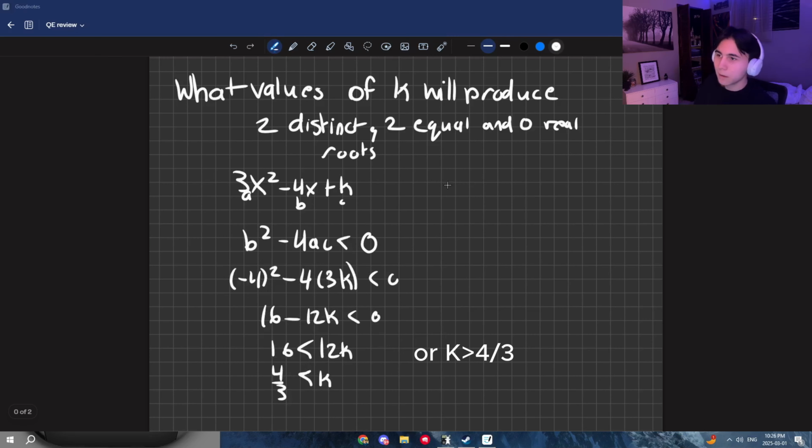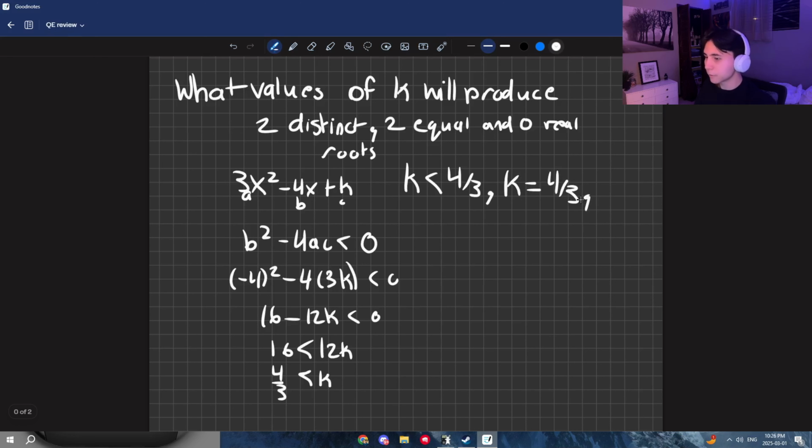You're going to notice that for two distinct solutions, we had k less than 4 over 3. For one solution, or two equal solutions, we get k equal to 4 over 3. And for 0 real solutions, we got k greater than 4 over 3, as seen here.